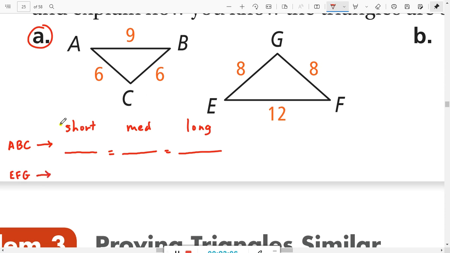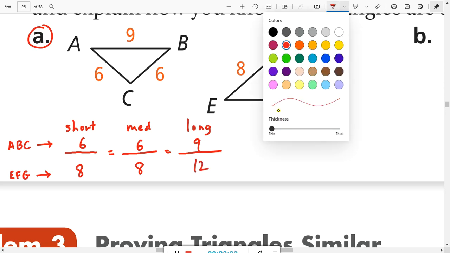Okay, so for ABC, the short side is 6. And I guess you could say the medium side is also 6. And then the longest side is 9. Okay, and then for EFG, the short side is 8. The medium side, I guess, is also going to be 8. And then the longest side is 12.